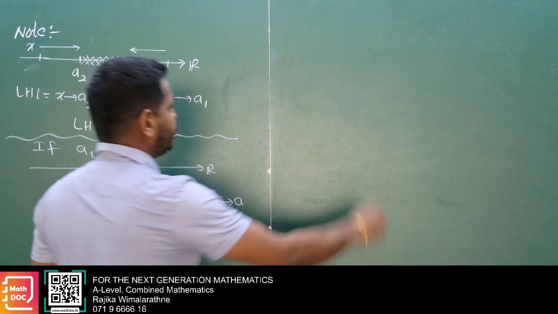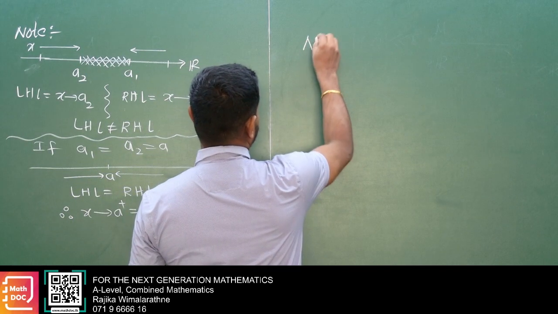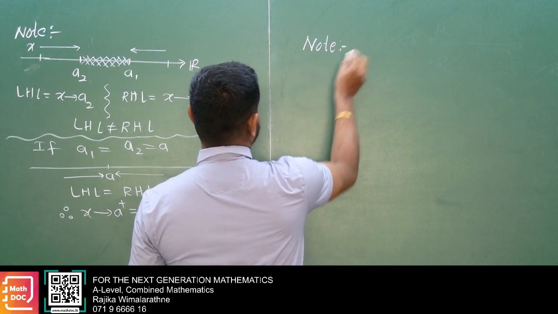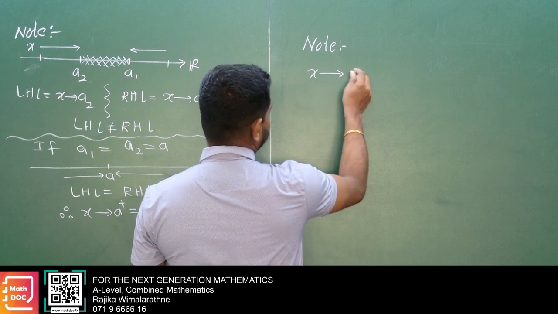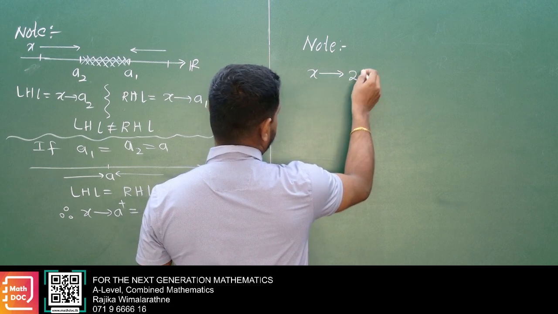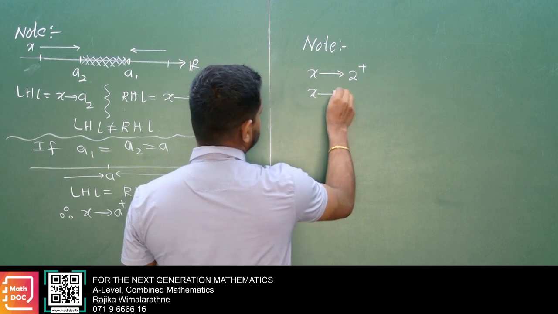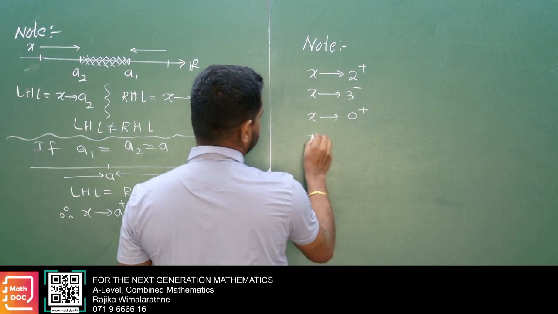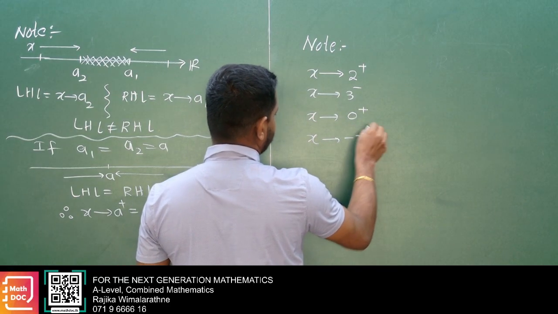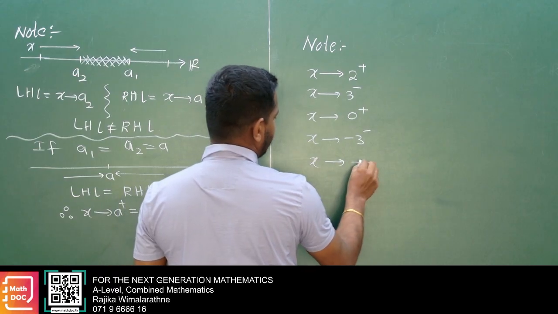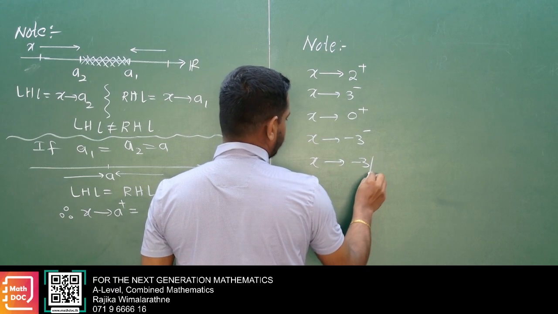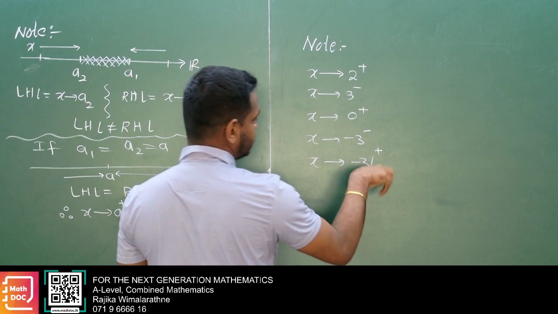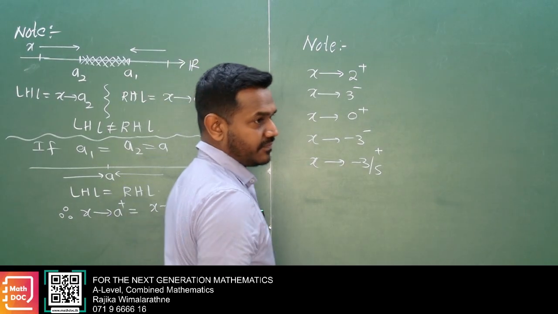Okay, further you put this note. So here notations like x arrow 2 plus, x arrow 3 minus, x arrow 0 plus, x arrow minus 3 minus, x arrow minus 3 over 5 plus, likewise these type of notations you will get.